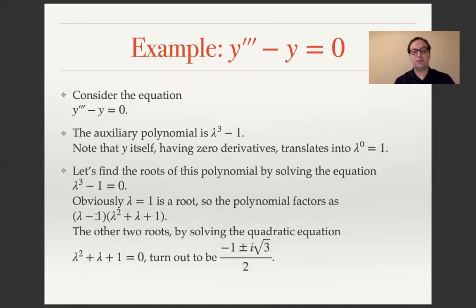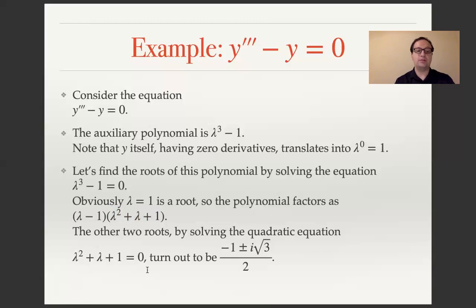So one of the roots was lambda equal to 1, and to compute the other two roots, we should solve the quadratic equation lambda squared plus lambda plus 1 equals 0.